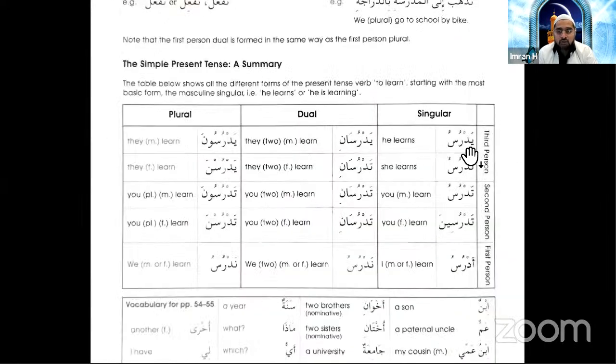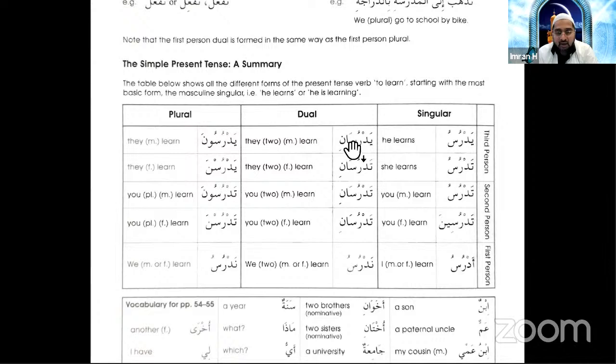So for the present tense, the first three forms, which are for the third person masculine, we add a ya in the beginning. The singular is yadrusu, which means he studies or he learns, masculine, one person. We add a ya, and the last letter has a dhamma. So darasa, yadrusu, singular, one person, he learns. When we have two people who learn, yadrusani.